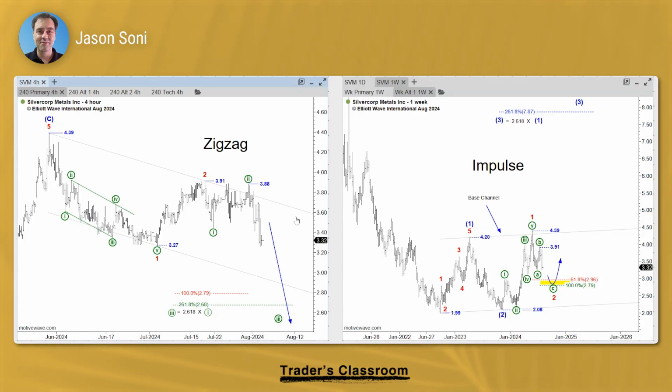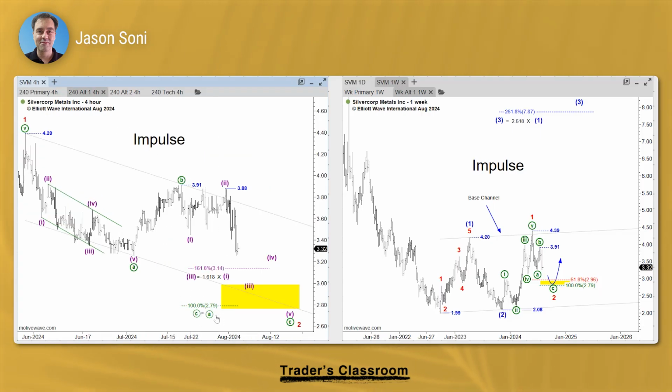If you don't get that type of price action, and you see this decline unfold from 391 as a 5, and it ends on and around the equality projection, i.e. C equals A, which comes in at 279, then you have the potential that this actually could be something more bullish.